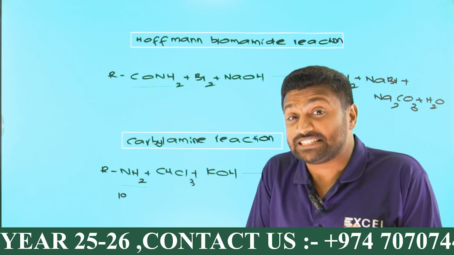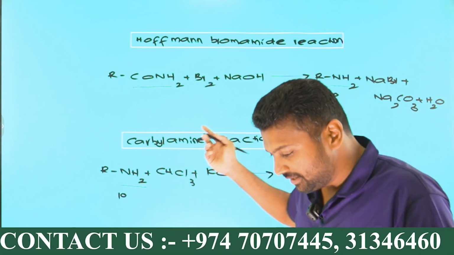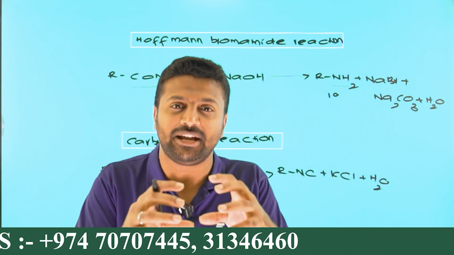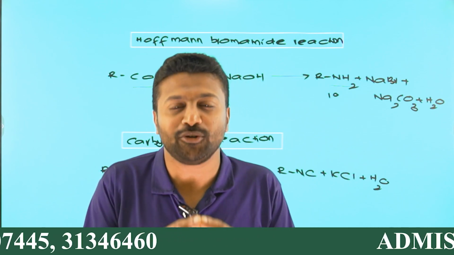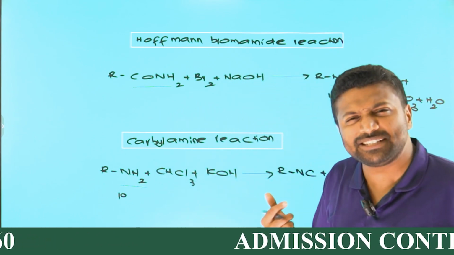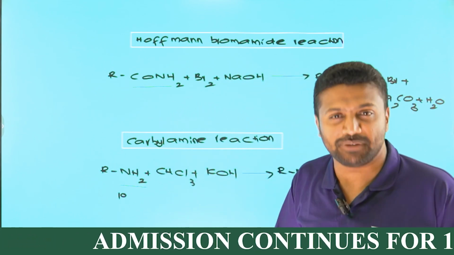It is called degradation because one carbon is decreased. The carbylamine reaction is for primary amine RNH2; on passing over chloroform and KOH, NH2 becomes NC, isocyanide, giving a foul, bad smell.